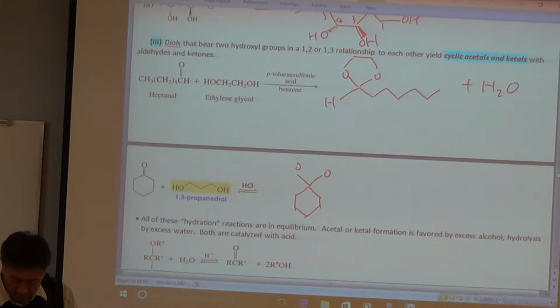I don't have space on that. So if you understand its structure, we draw it here. That's better.